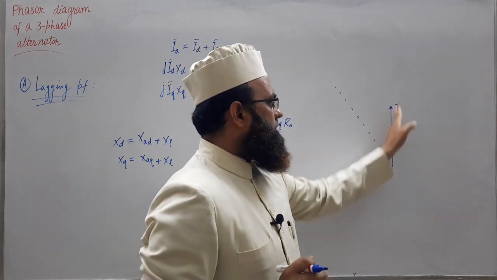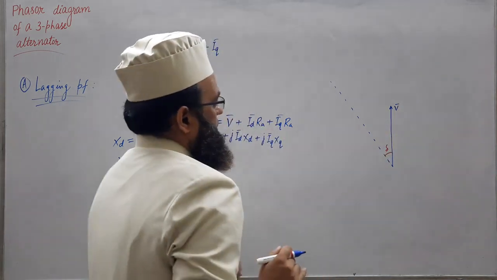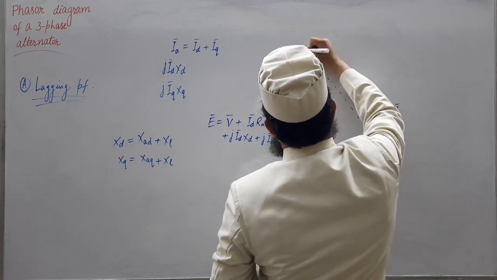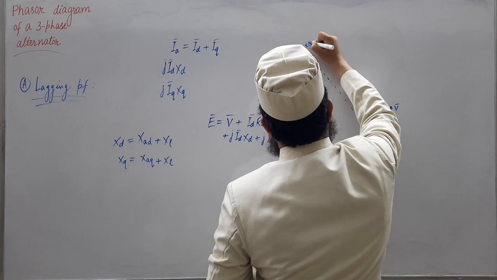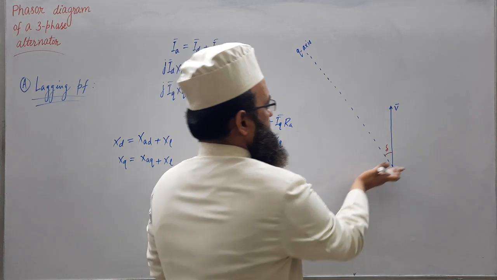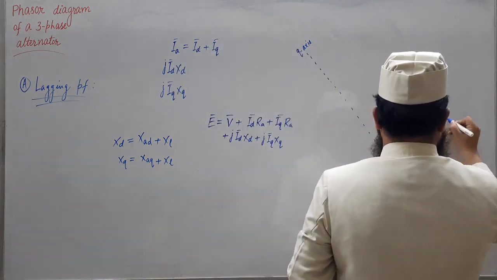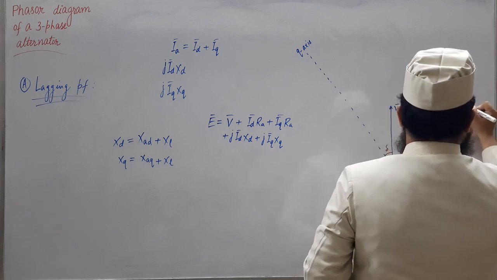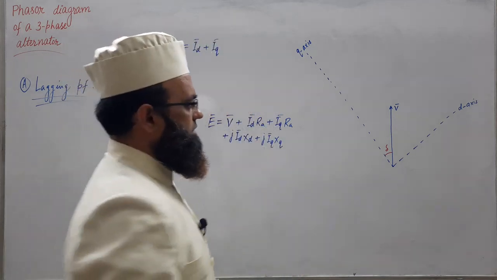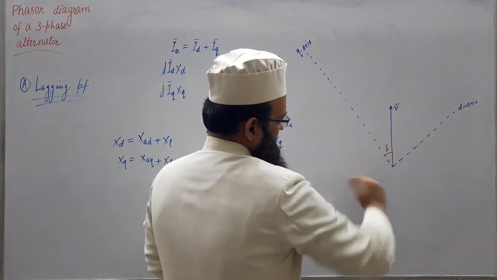Once the Q axis is known, perpendicular to this will be the D axis. Here also you can extend this way or this way, D axis, Q axis, then again D axis, Q axis, and so on.